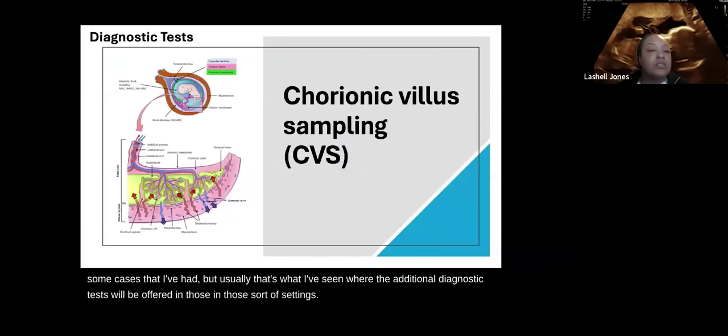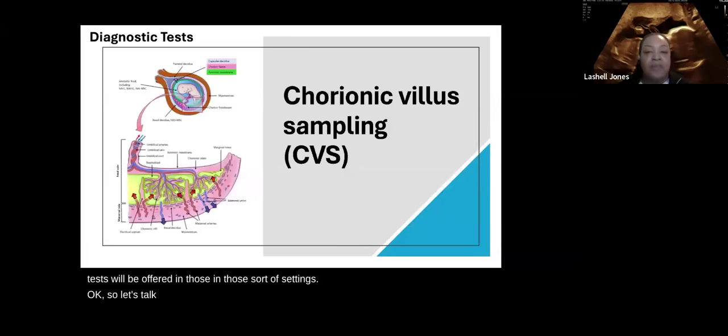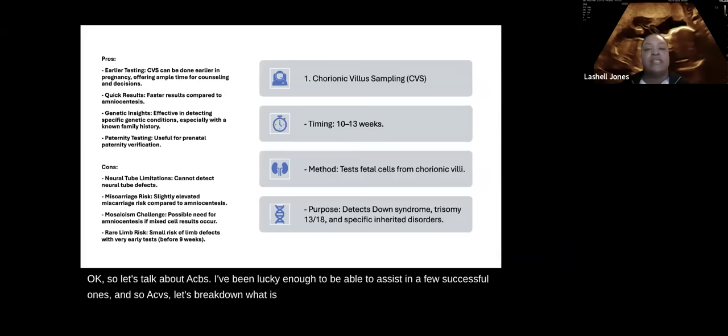Okay, so let's talk about a CVS. I've been lucky enough to assist in a few successful ones. So let's break down what a CVS is. The timing of a CVS is pretty early on. You will do a CVS in the first trimester.